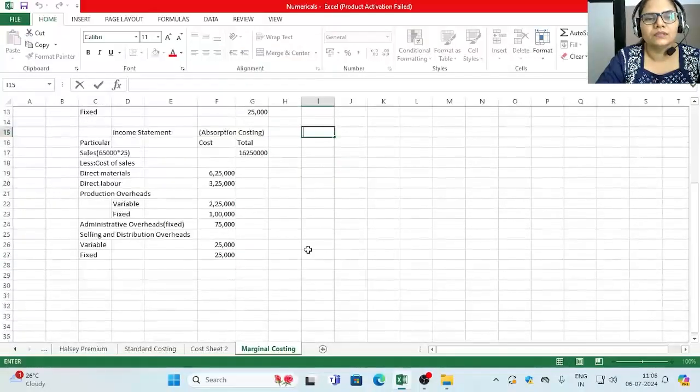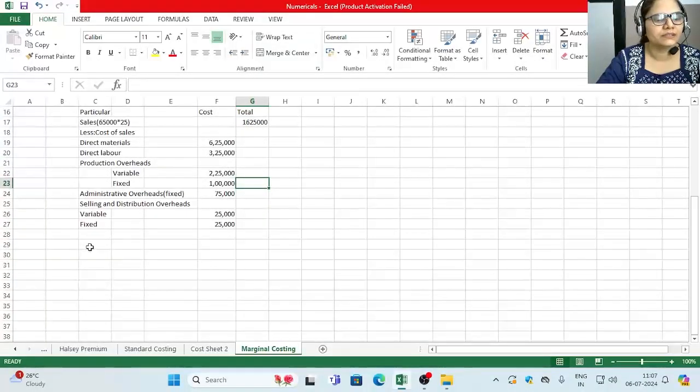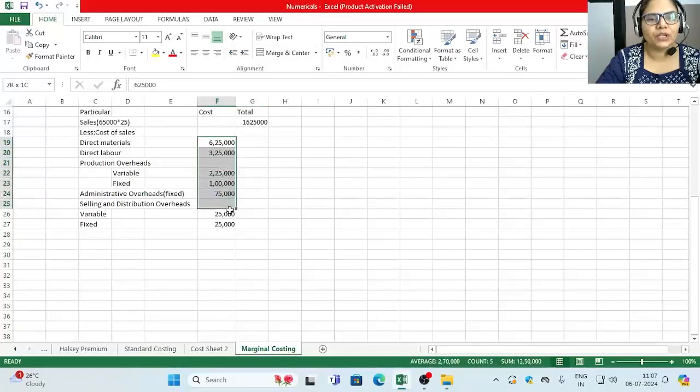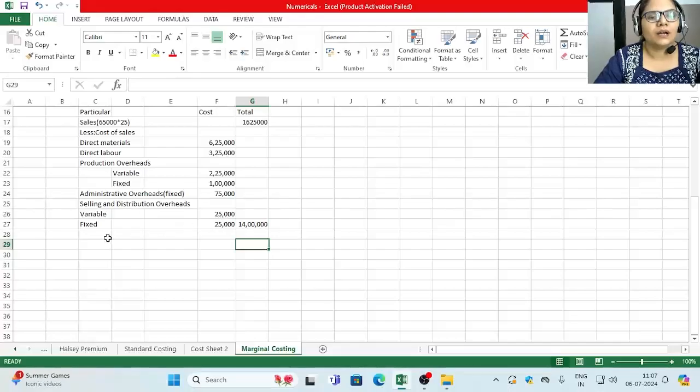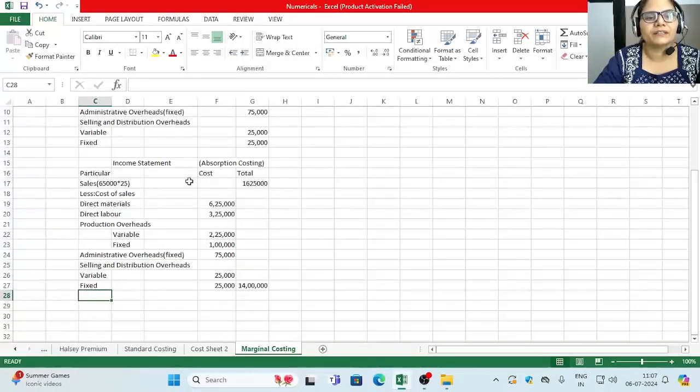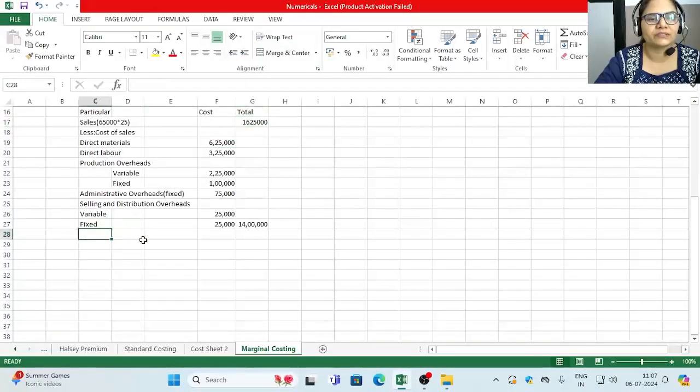Now, 16 lakh 25,000, and we will do the total of all these statements. It will come out to be 14 lakh. Now, we will deduct this cost of sales, that is 14 lakh, from sales, which is 16 lakh 25,000.